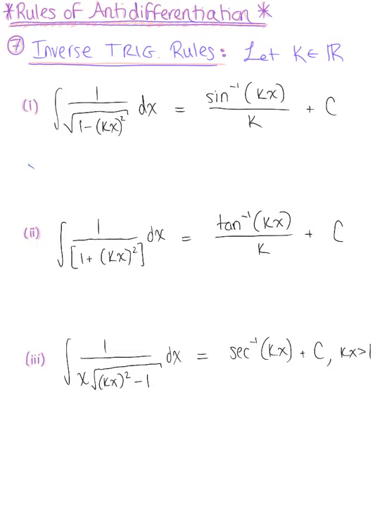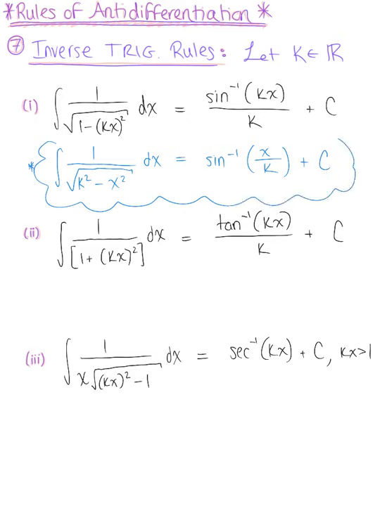So looking back up at case 1 here, in addition to this form, we may also see the integral of 1 by the square root of k squared minus x squared dx. And this antiderivative is defined as inverse sine of x divided by k plus c. So this is an alternative, a more generalized form of the antiderivative for inverse sine.